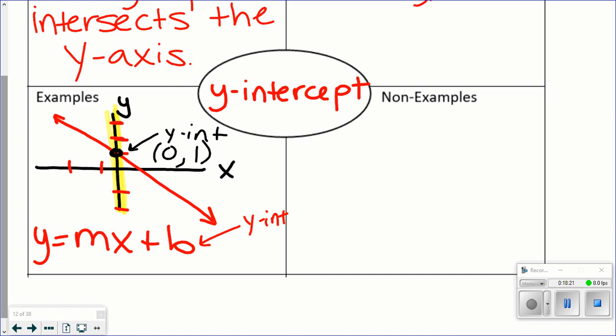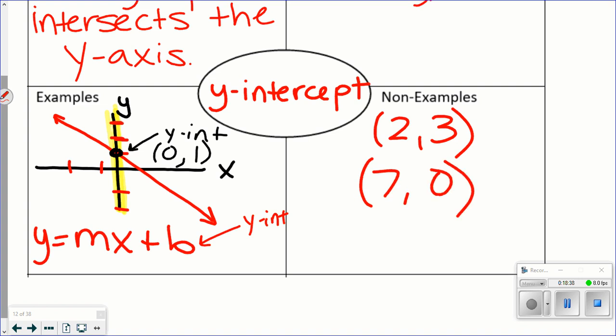If it says minus 2, negative 2 would be my y-intercept. Always write it as an ordered pair. This is not a y-intercept because x is not 0, it's 2. This is also not a y-intercept because x is not 0. Y is 0, so this actually would be an x-intercept.